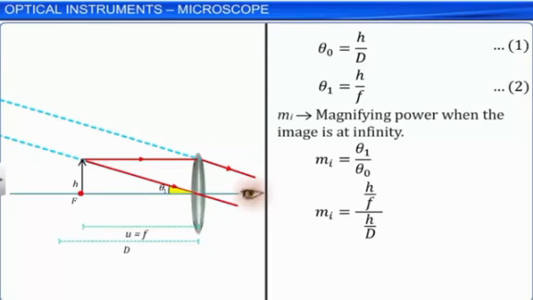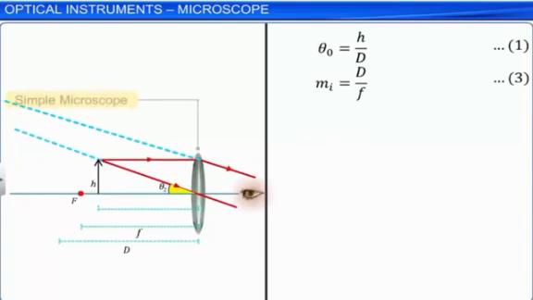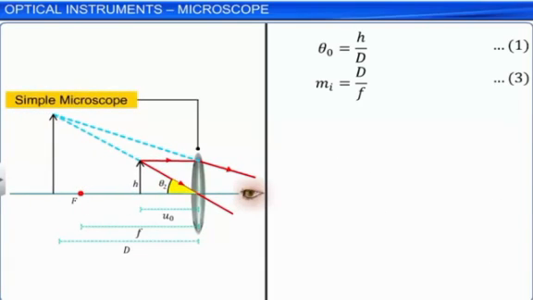Now let us find the angular magnification of the simple microscope when the image is formed at the near point. Let the angle subtended at the eye by the image when formed at the near point be θ2. From the ray diagram, we can write that θ2 is equal to h by u0. Let this be equation 4.